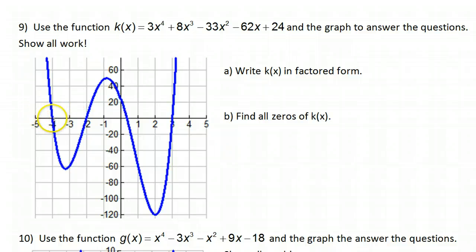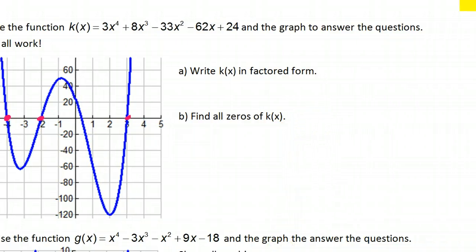Looking at the graph, I see we have zeros at -4, -2, I don't know what that is, but then there's 3. So I'm given 3 zeros. That's plenty of zeros to deal with. In fact, let's just start writing some of these down.